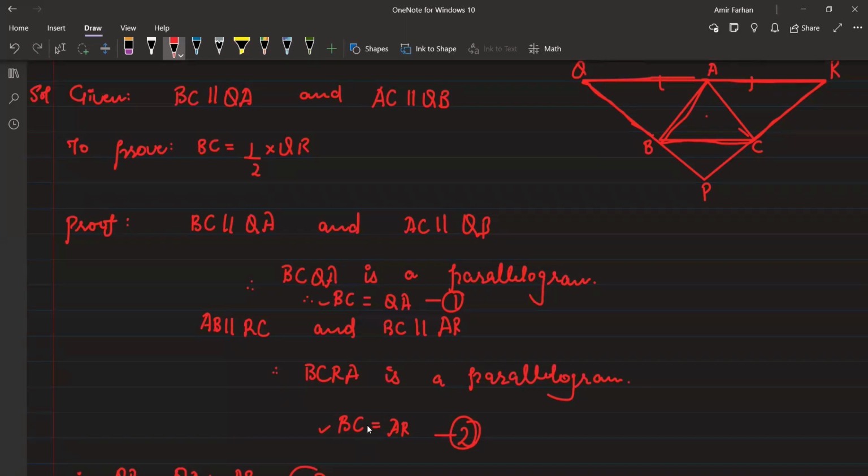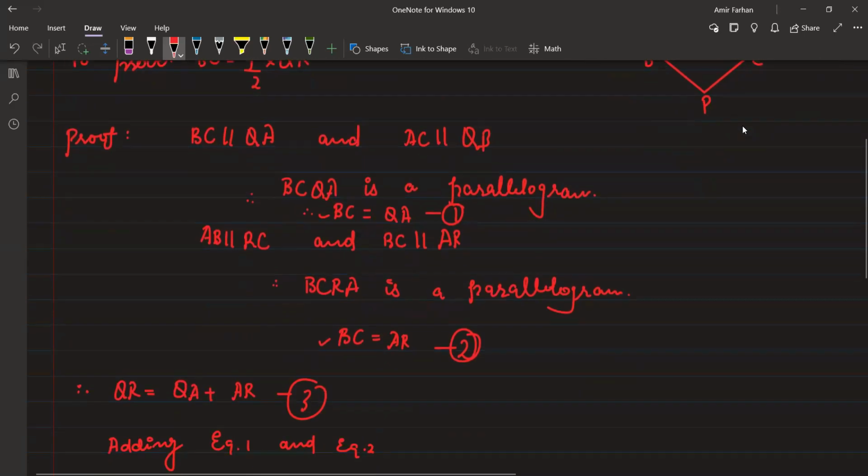It means that in this parallelogram, QA will be equal to BC and QB will be equal to AC. Clear? Yes, sir. These are the two basic properties used in this question. And after that, I've just added both the equations to get the value of QR.